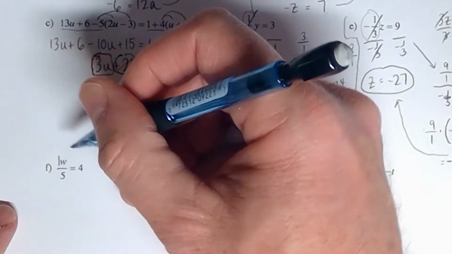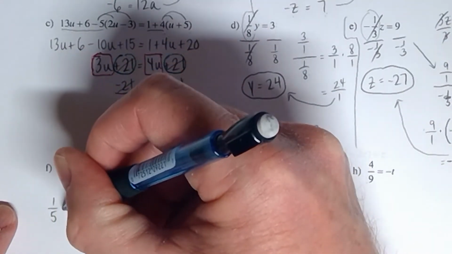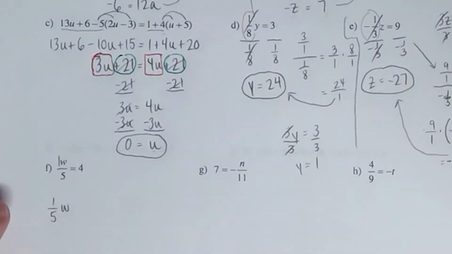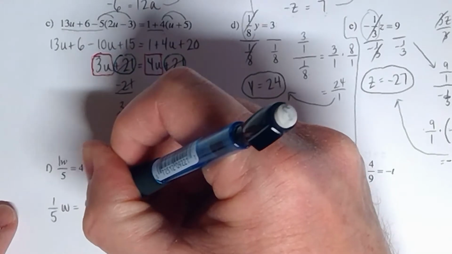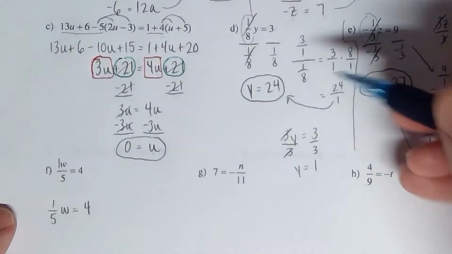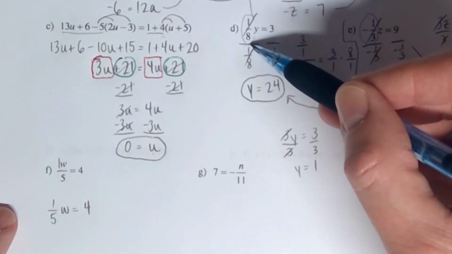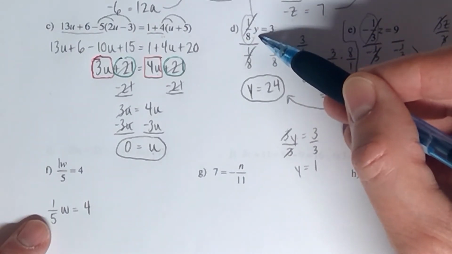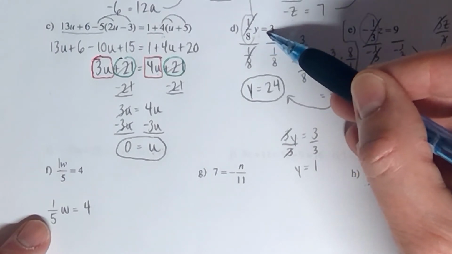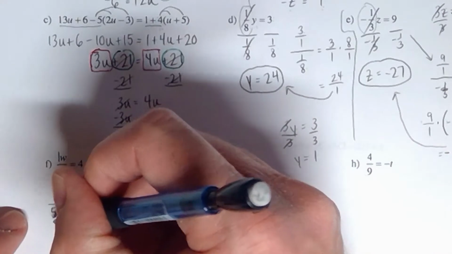And so since there's a single term on the top and bottom, I can move the w behind the fraction like that, and now I have 1/5 w equal to 4. Isn't that the same exact thing as these two problems? You've got a fraction without a variable in it, 1/5. You've got the variable behind it being multiplied by it, and then you've got equal to a normal number on the other side. So we do exactly the same thing.